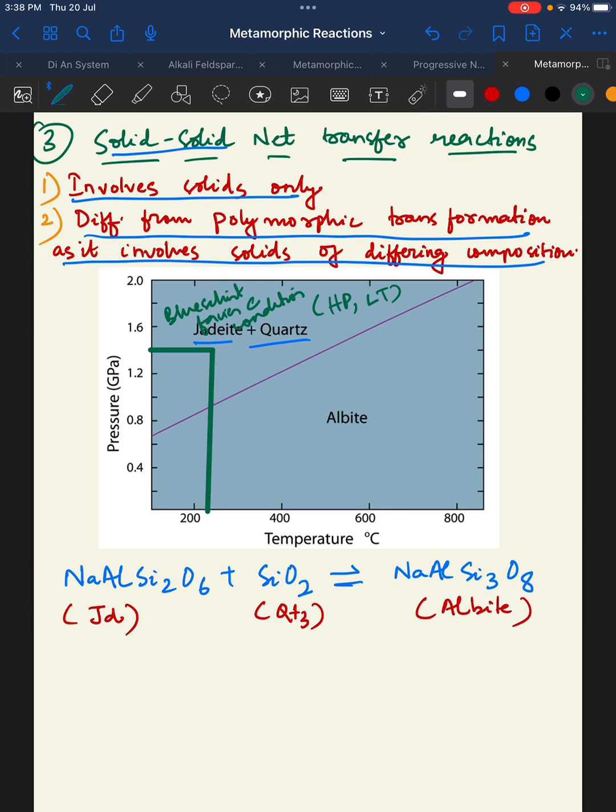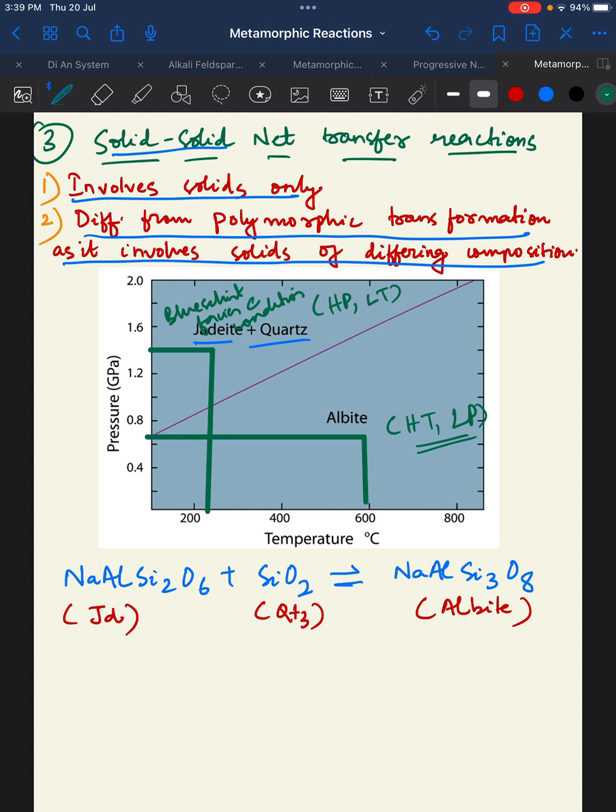Blueschist facies is a high pressure metamorphic facies. And if we now look at albite, it generally has a higher temperature and a lower pressure.